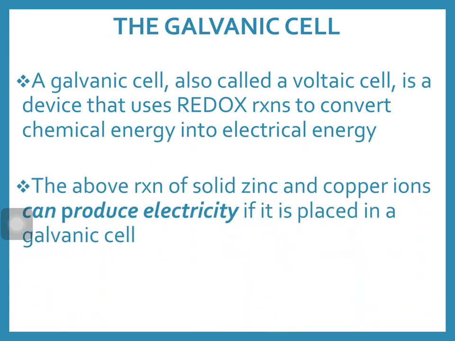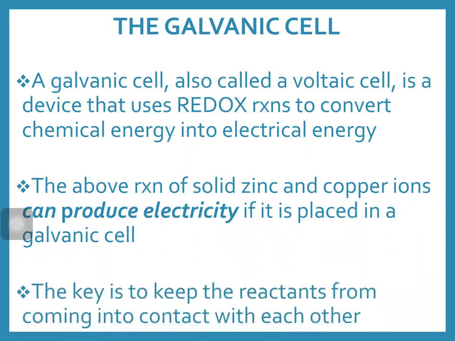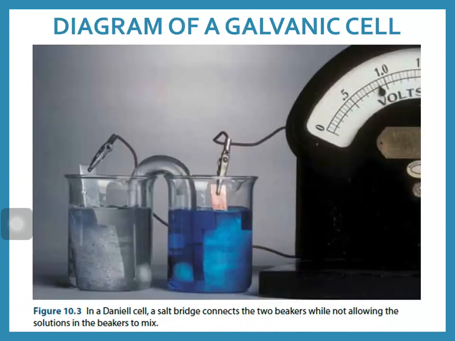So if we take a look at the reaction we were just looking at, the solid zinc and the copper ions, if we place those into what is called a galvanic cell, then they can actually produce electricity. The only way to do that is to keep the reactants from actually coming in contact with one another. So we're going to create what are called 2 different cells and have the 2 different reactants separated.